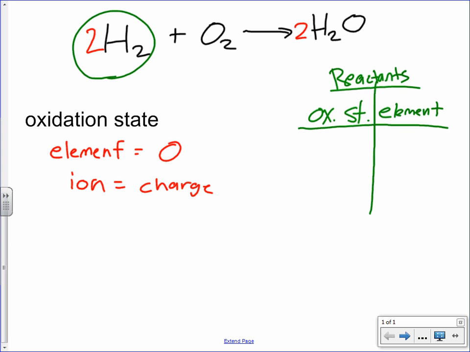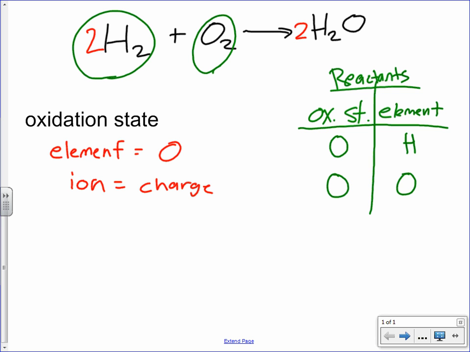Okay? Currently, it's not an ion. It's just in elemental form. So its oxidation state, its oxidation number is going to be 0. Okay? So hydrogen, as a reactant, has an oxidation state of 0. Okay? Oxygen, up here, same deal. Right now, it does not have a charge. Okay? Its oxidation state, or oxidation number, is 0.